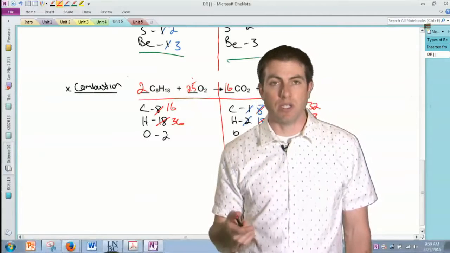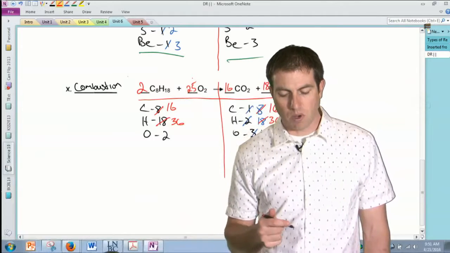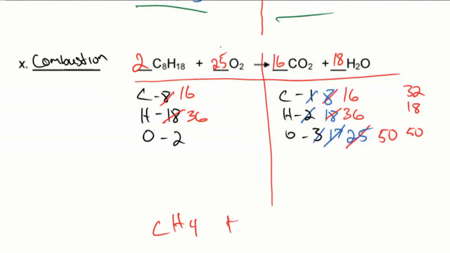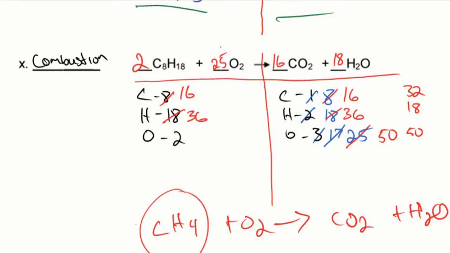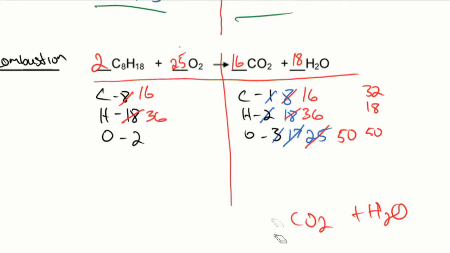When you see a combustion reaction that doesn't balance right off the bat, like some of the smaller ones like CH4 and O2 producing CO2 and H2O, the really small hydrocarbon ones balance right away. But as soon as you get into C6 and above, once you get more carbons, all of a sudden you have to double everything.